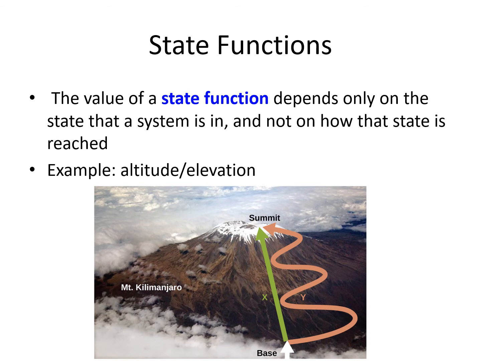Or you could take a more circuitous route that's a bit less steep, but you have to walk for a longer distance to get there. In the end, it doesn't really matter because you're going to reach the same elevation in the end. So the state function would be the altitude or elevation that you're trying to get to at the top. Or in other words, the difference between the summit and the base.